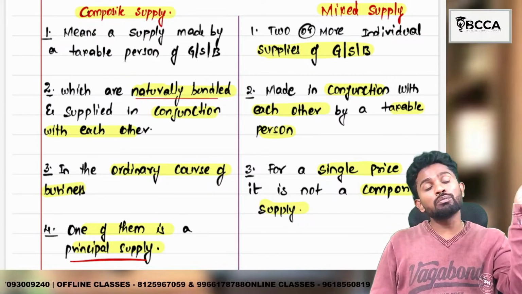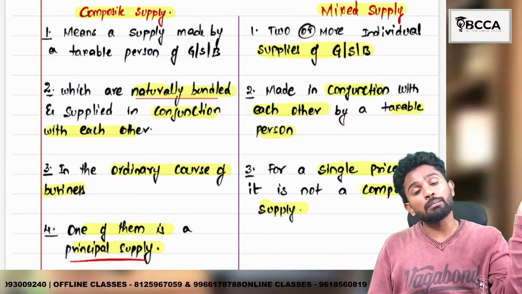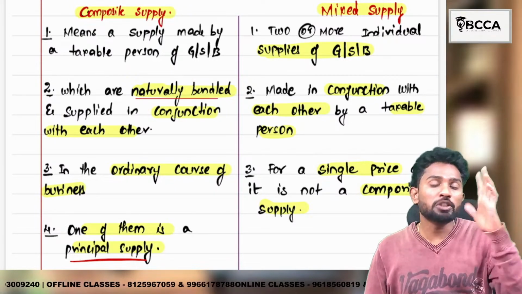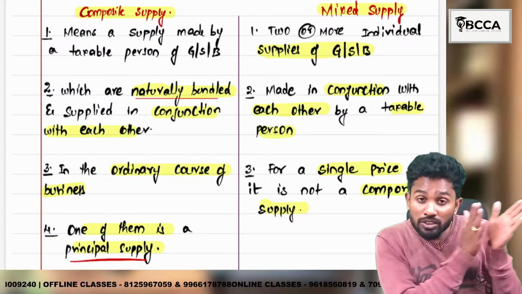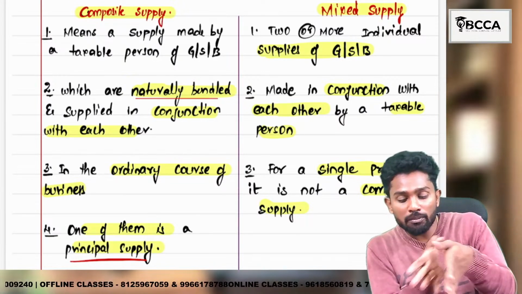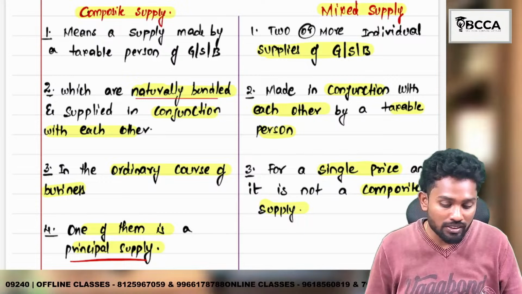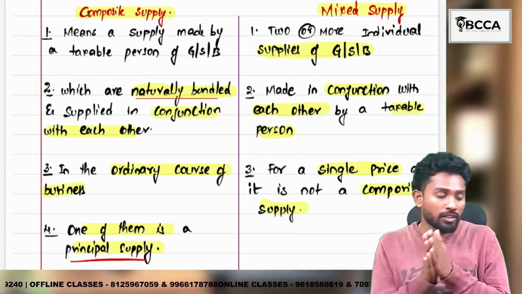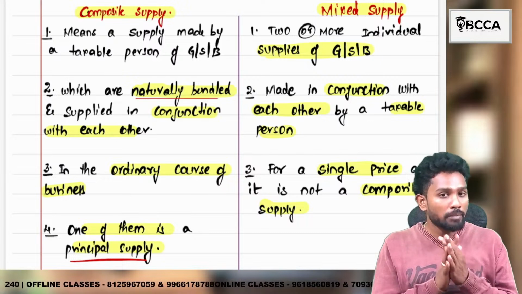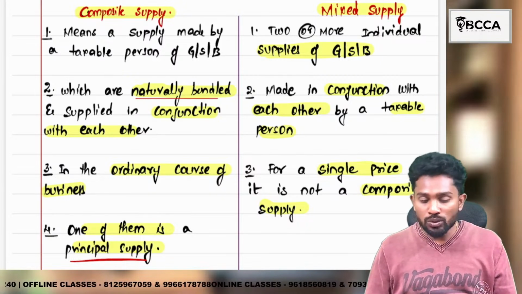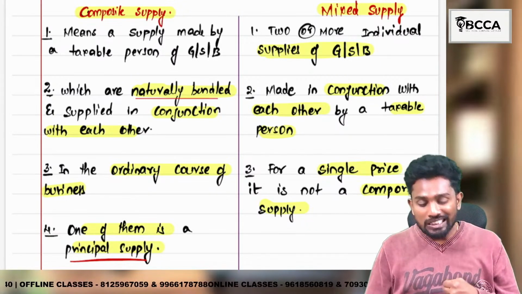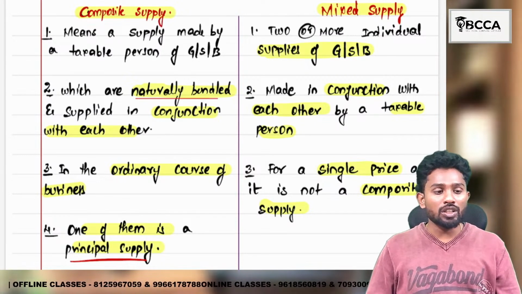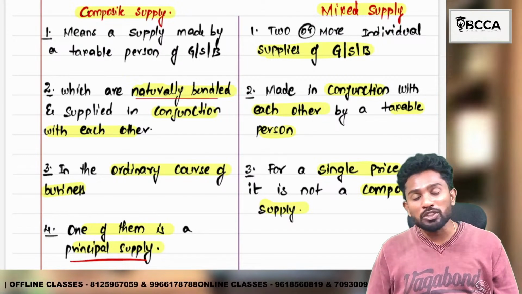To call it a composite supply, what should have happened? They should be naturally bundled, and one of them should be a principal supply, right? If those things are missed, but all the other elements are there, then that is called what? Mixed supply. So, simply put, a composite supply is when two or more supplies of goods and services are made by a taxable person, which are naturally bundled and supplied in conjunction with each other in the ordinary course of business, and one of them is a principal supply.